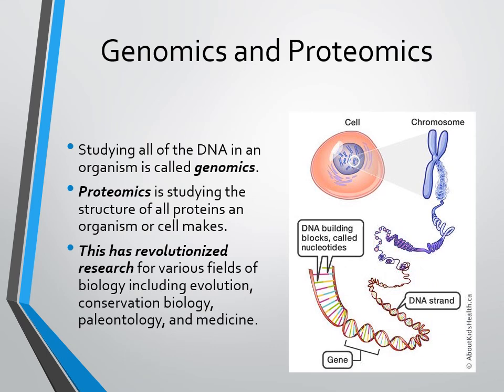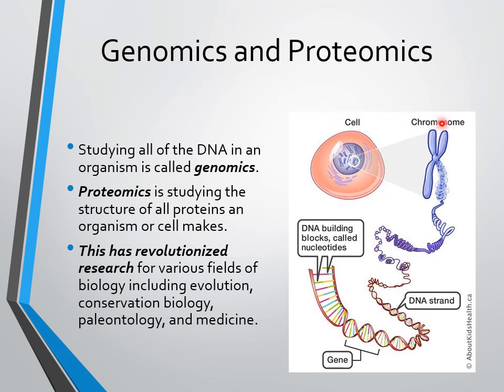So studying all the DNA in an organism is called genomics. So looking at all the DNA that they have. Proteomics is the study of the structures of all proteins an organism or cell makes. This has revolutionized research just recently. Well, it's recent to me.